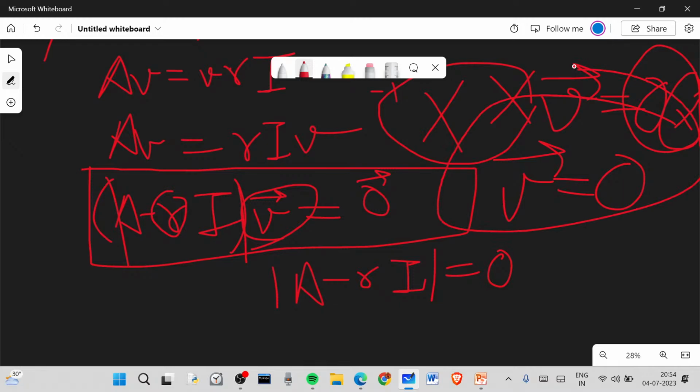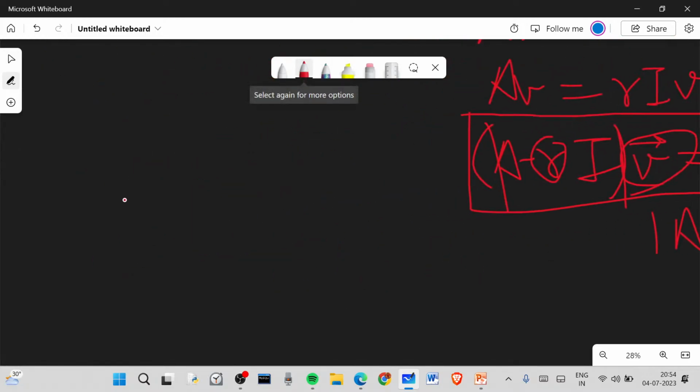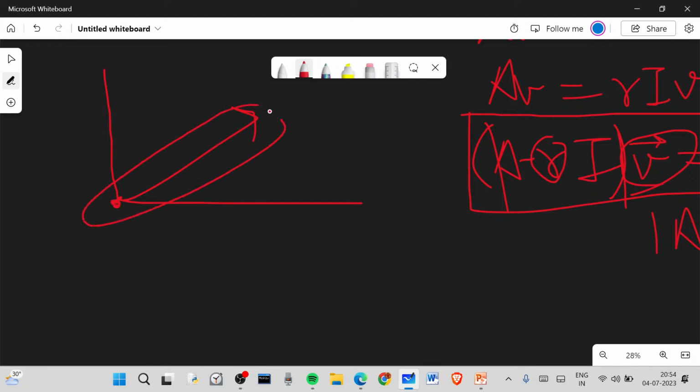Basically, it's not necessary that if you apply a transformation to a vector, it collapses to 0 if and only if the vector is 0.